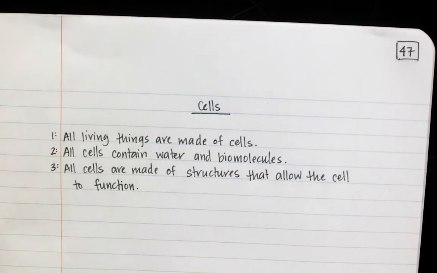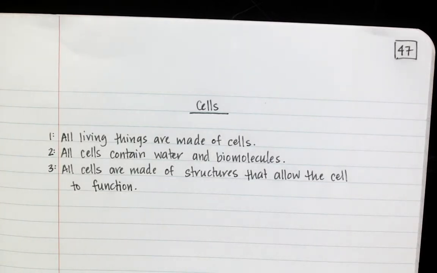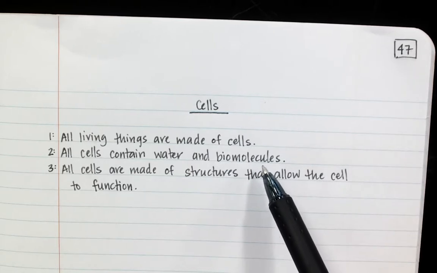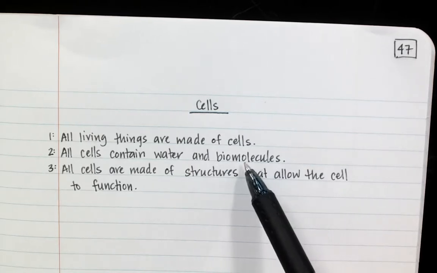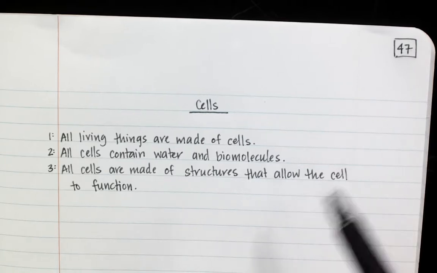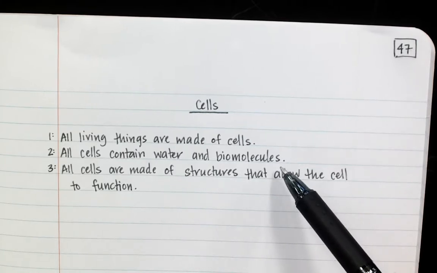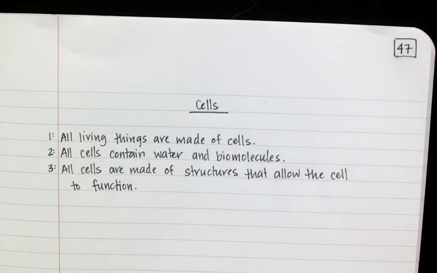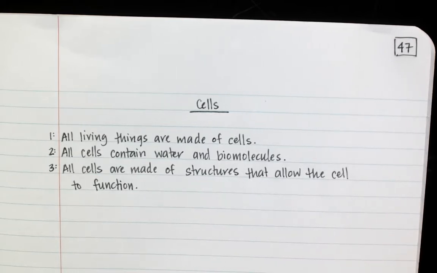And these structures are normally made of biomolecules. So they might contain one type of biomolecule, like maybe they're just a protein, or maybe they contain fats and proteins, or maybe they contain fats and proteins and carbohydrates. But those structures that make the cell up, those are made out of biomolecules.